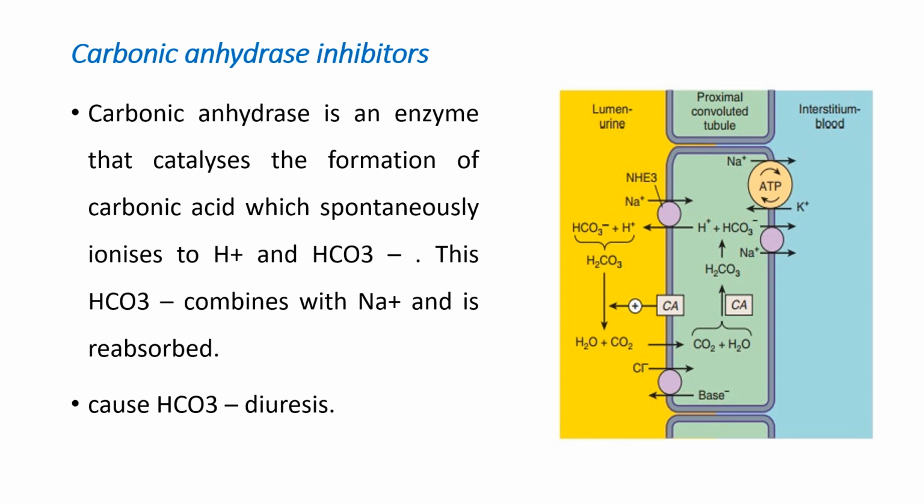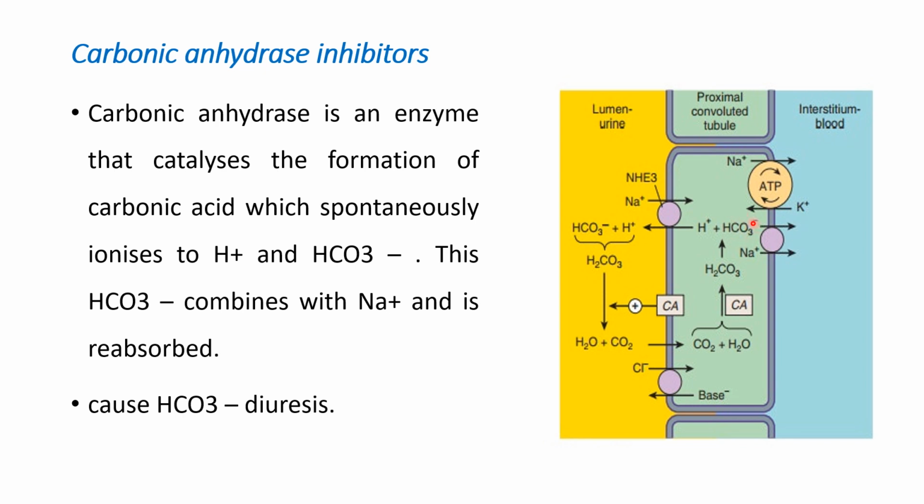Now the next class of drug is carbonic anhydrase inhibitors. Carbonic anhydrase is an enzyme that catalyzes the formation of carbonic acid. You can see here this is the carbonic acid. Carbon dioxide combined with water in the presence of carbonic anhydrase forms carbonic acid, which spontaneously ionizes into H plus ion and HCO3, that is bicarbonate.